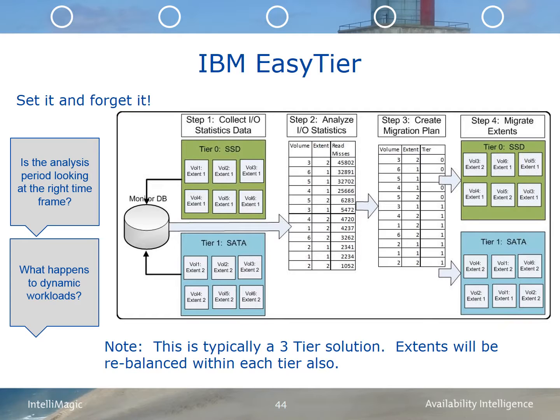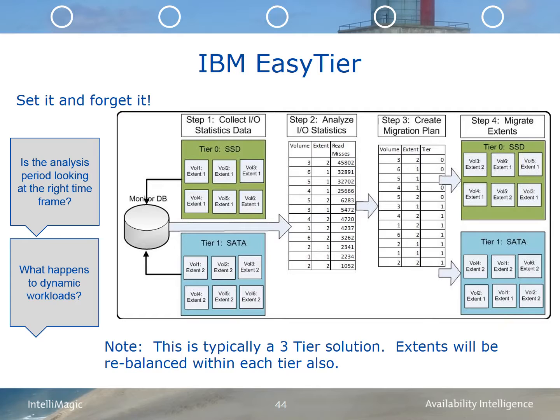And then the next step is that the extents are actually migrated to the right tier. And extents that are way down on that list in terms of activity would be demoted to a lower tier. In the example shown, I'm just showing a 2-tier system, but in most of the hybrid pools now, they're going to be 3-tier.